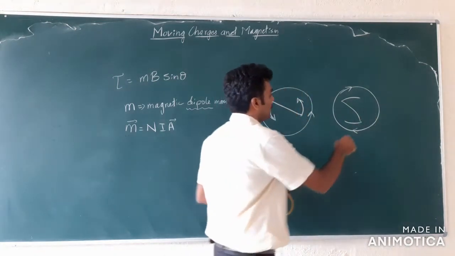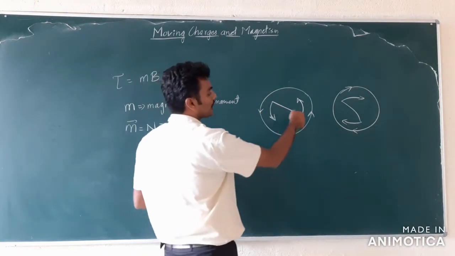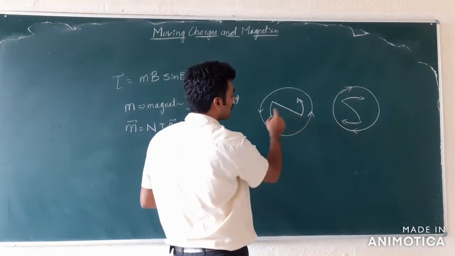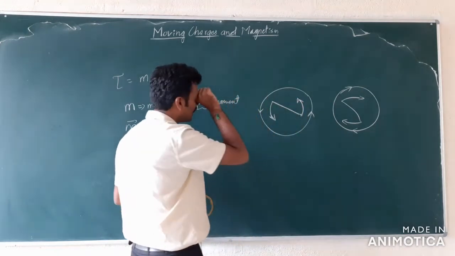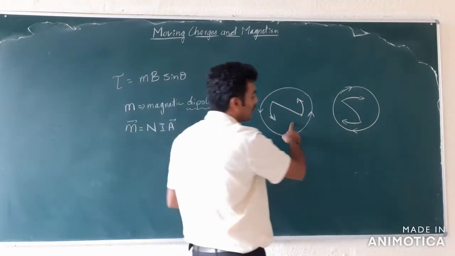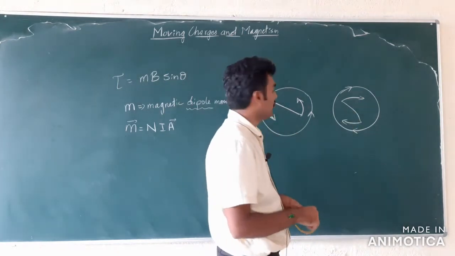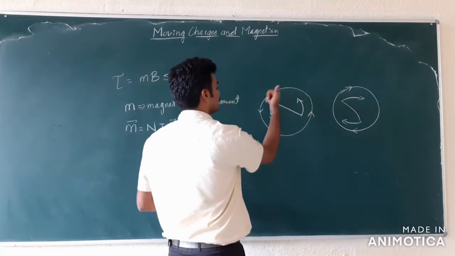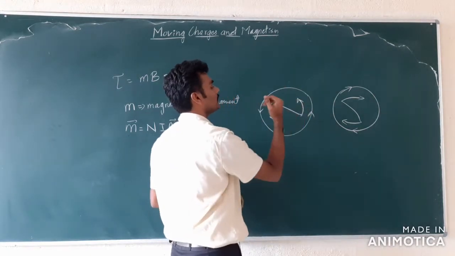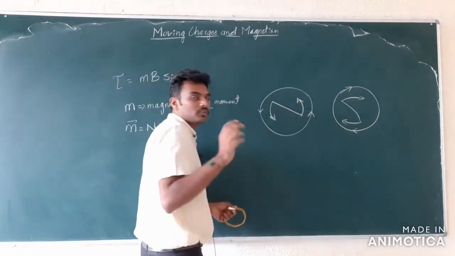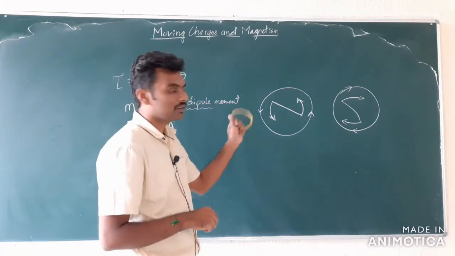Now, as you can observe, when you have this kind of shape, it is very similar to the English alphabet capital N, and this one is very similar to S. So when the current is flowing like this, it's obvious that the magnetic field lines would come out of it. This kind of pictorial representation will also help us in remembering the magnetic poles, north and south.